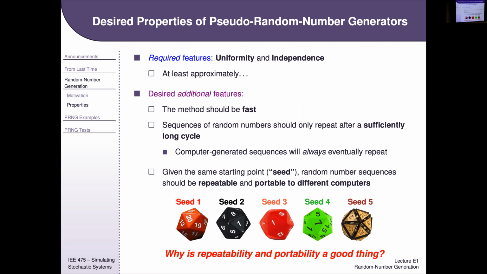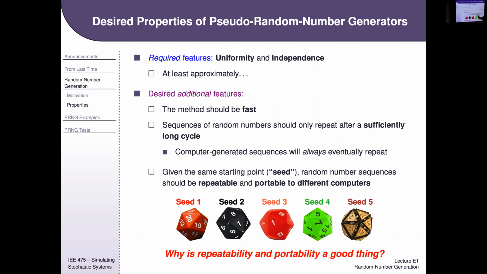Across the seeds, we get independence, in that you can't predict a sequence from one seed from the sequence of another seed. It's like having 5 different 20-sided dice, where this die produces the same string of numbers every time, this die produces the same string of numbers, and so on, but the strings of numbers across the dice are very different.